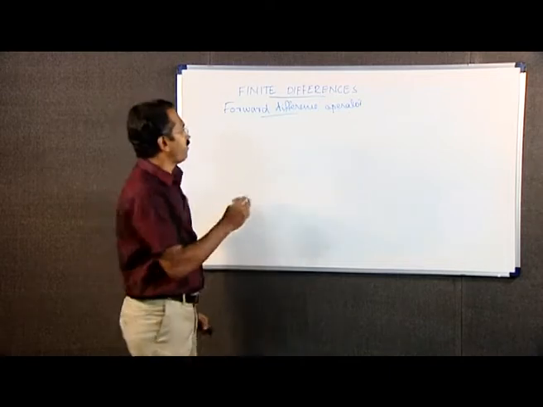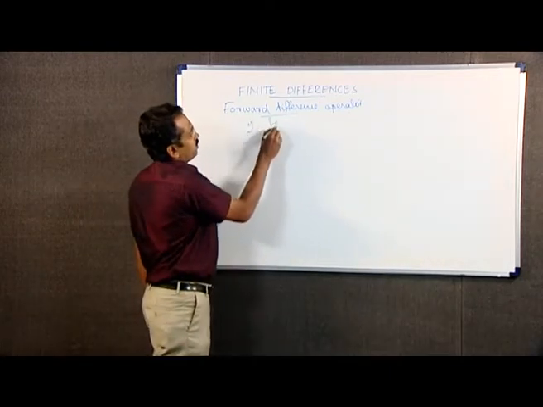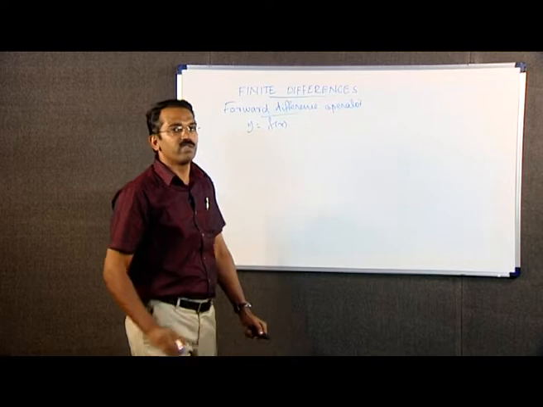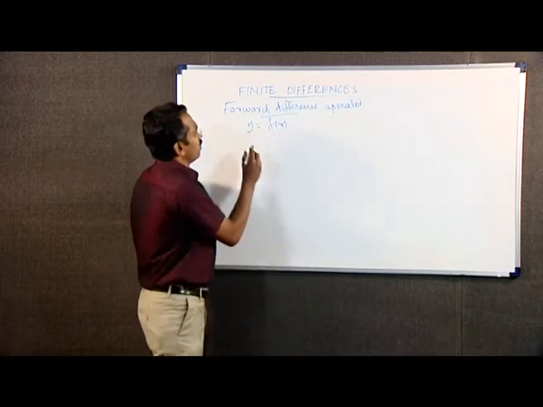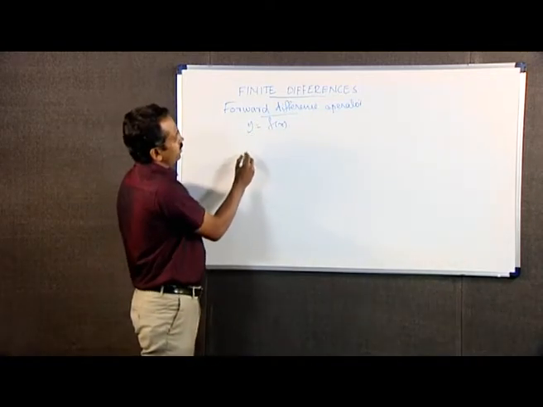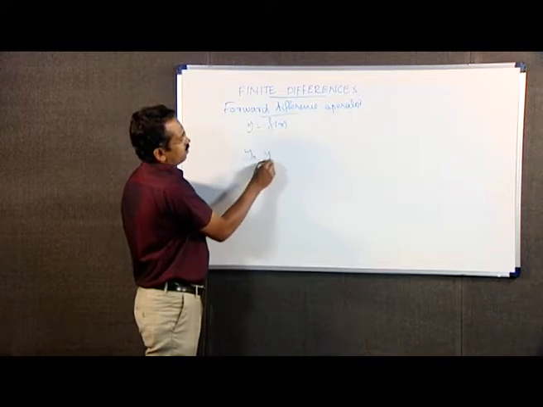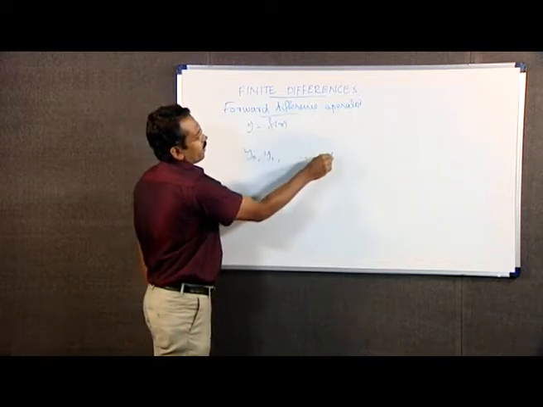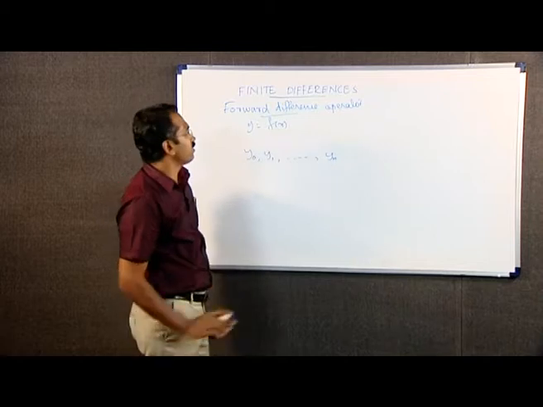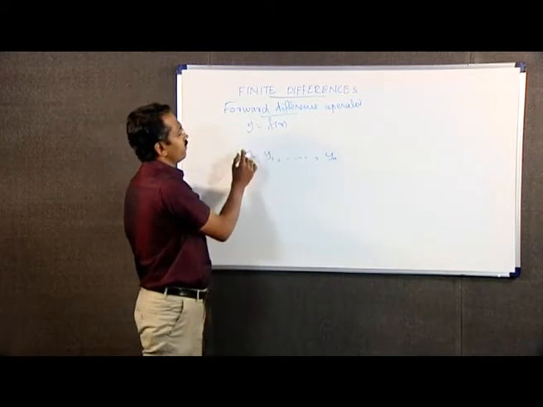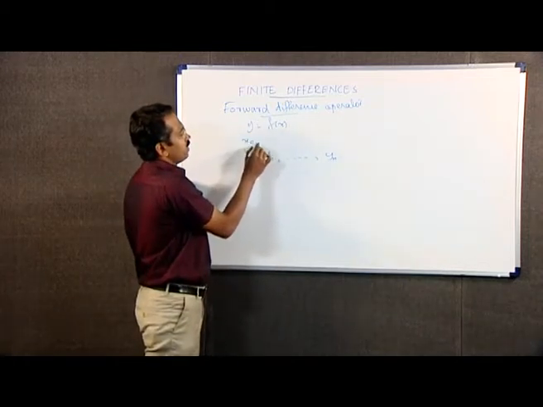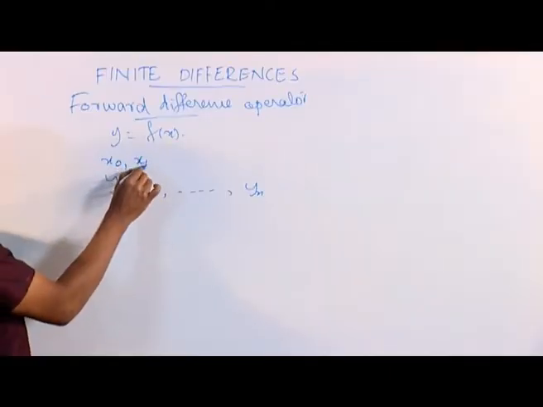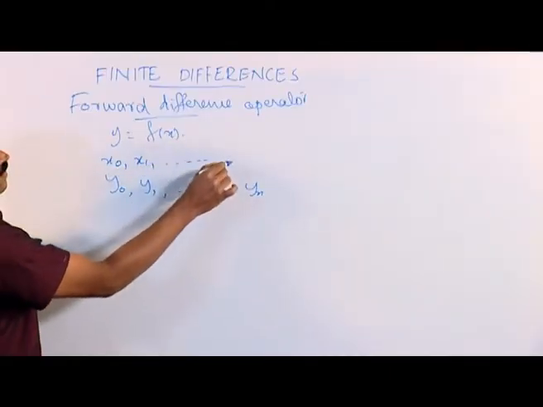First one is forward difference operator. Let y equal to f of x be any given function, and let y naught, y1 etc. yn are values of y at the equidistant points x naught, x1 etc. xn.